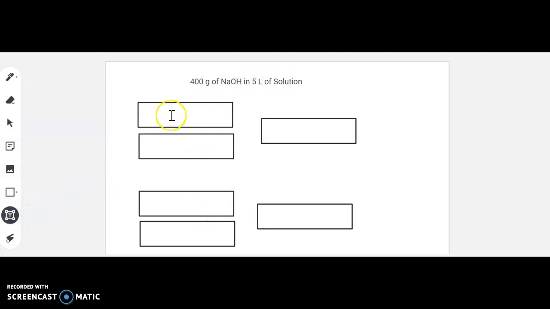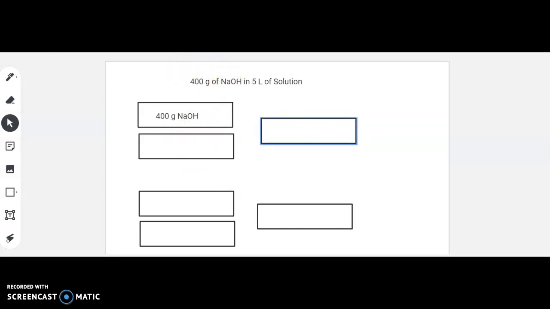First, we're going to have to calculate and convert grams into moles. We have our given of 400 grams of sodium hydroxide, and we need to look at our periodic table to find the molar mass to divide by to get our moles.